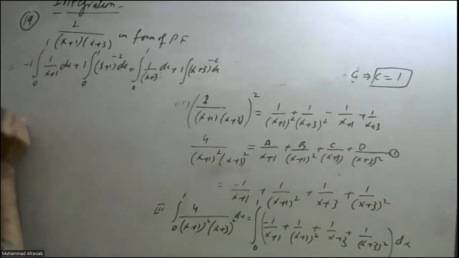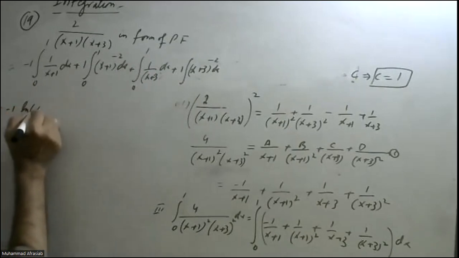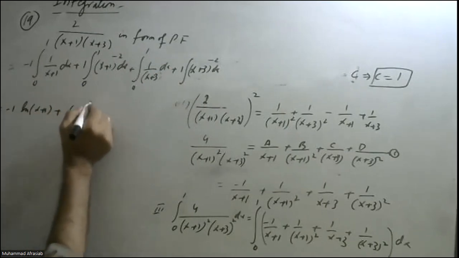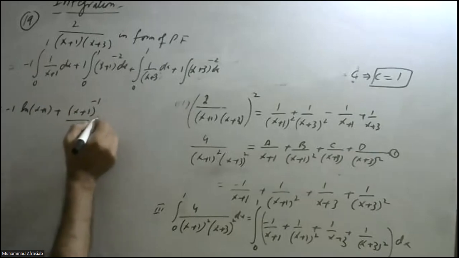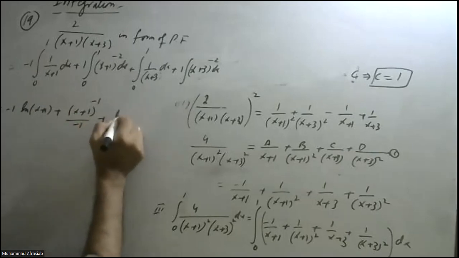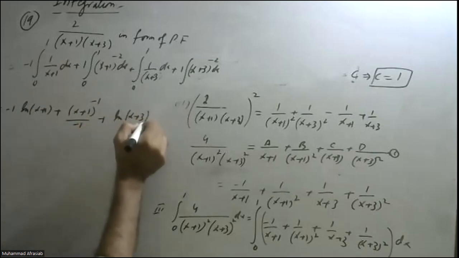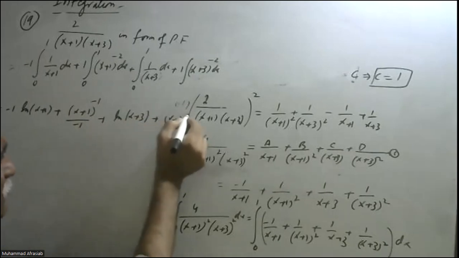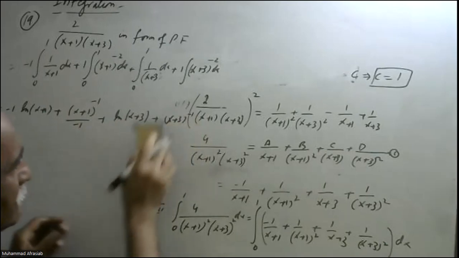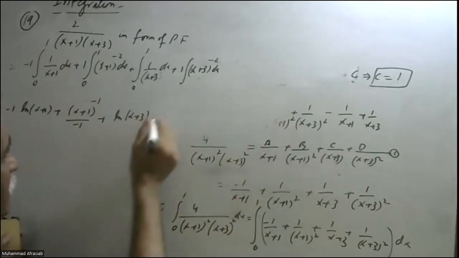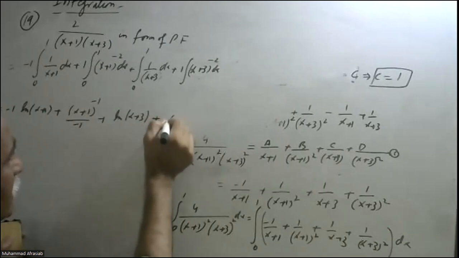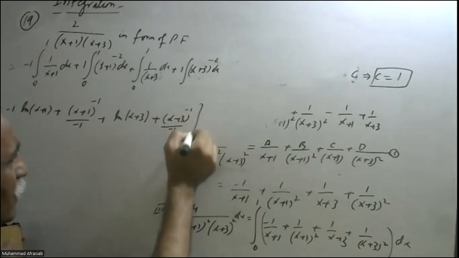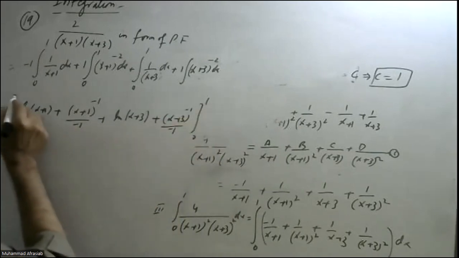So this will become minus 1 ln of x plus 1 plus x plus 1 power minus 1 over minus 1 plus ln of x plus 3 plus x plus 3 power minus 1 over minus 1, or whole limit is 0 to 1.